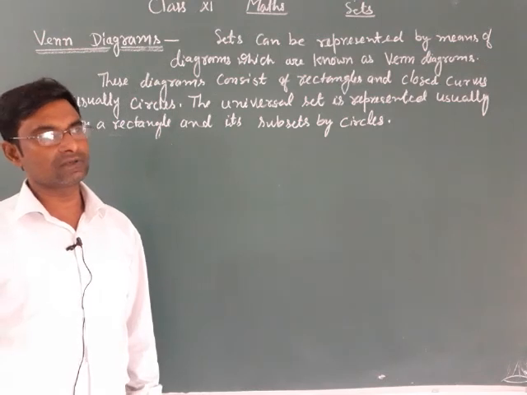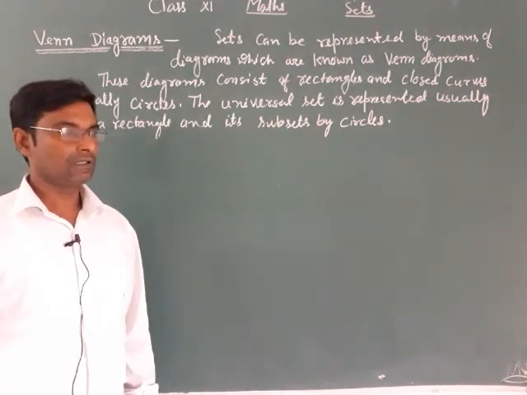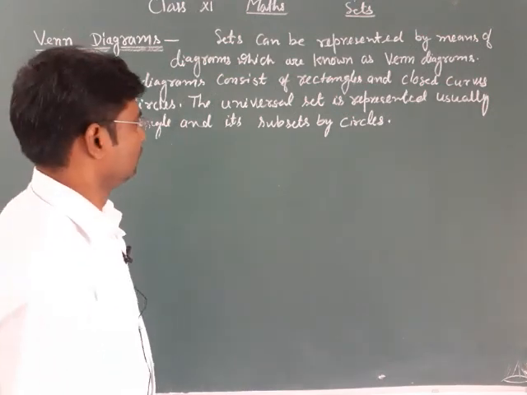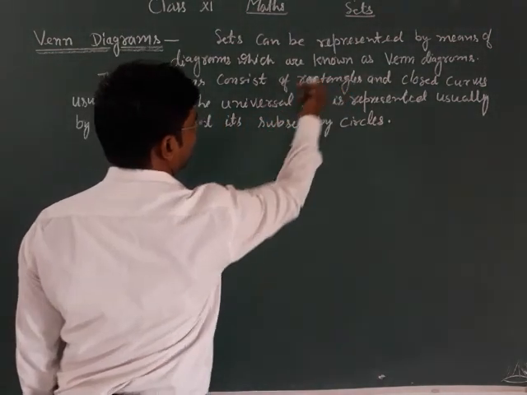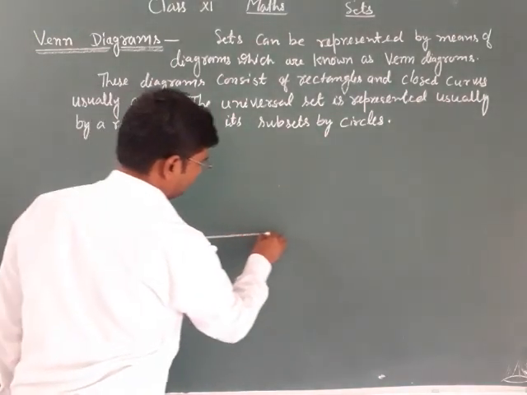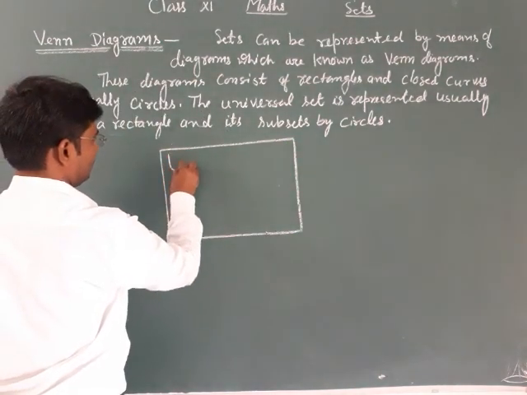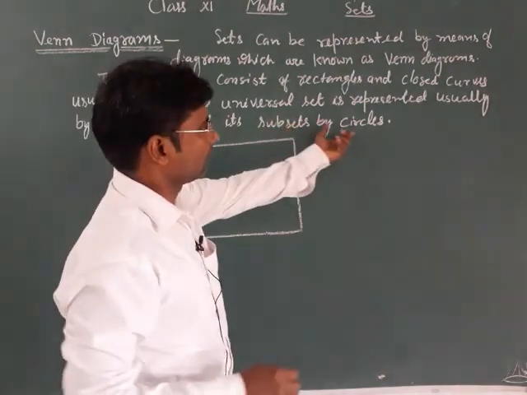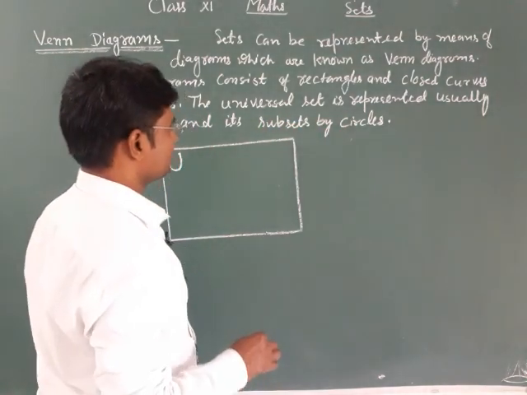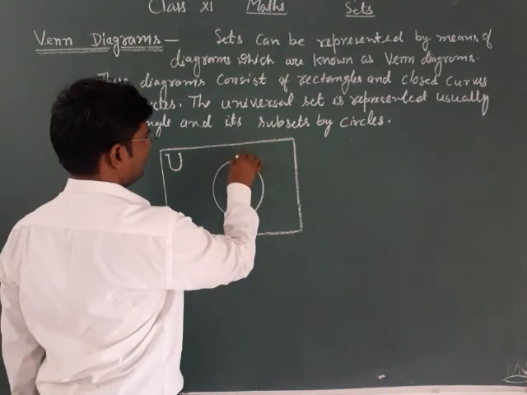The universal set is represented by a rectangle, and its subset by a circle. In the figure, the universal set is the rectangle, with U written at the upper right corner, and the subset is a circle.